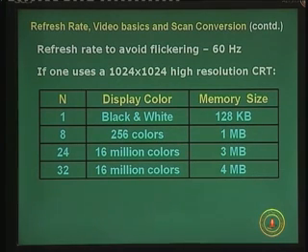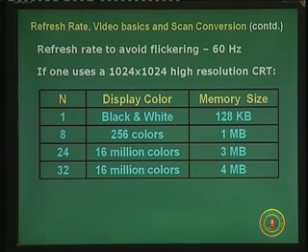When capital N is equal to 1, we are talking of a pure monochrome black and white display system, and we require in this case 128 kilobytes. Why? 1024 is 2 to the power 10, so we have 2 to the power 20 bits, and that gives you about 128 kilobytes of memory.